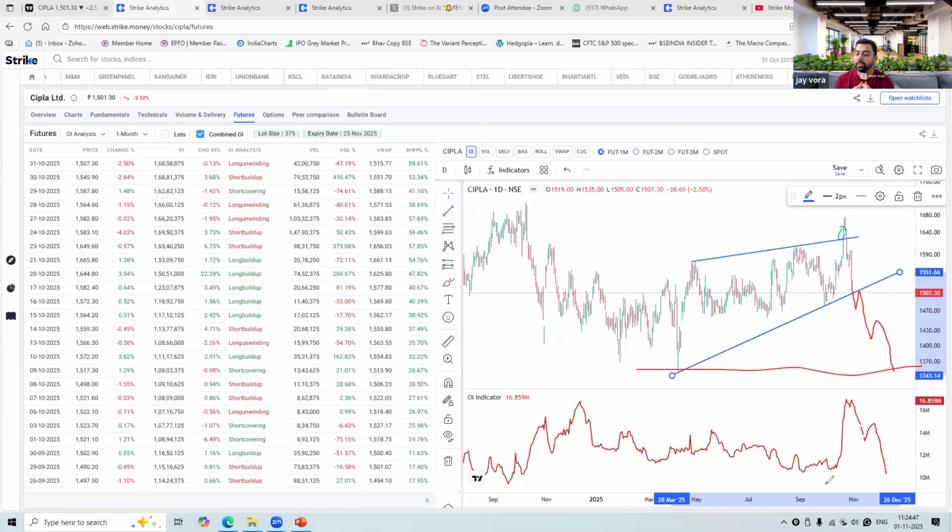You just need to be on the back foot now, and wait for the trend to pick up once again. If the trend doesn't pick up, this stock might end up becoming dead, so don't bother even looking at that.